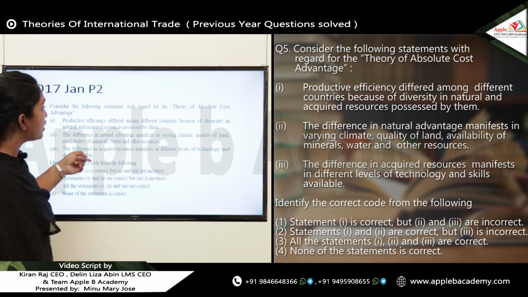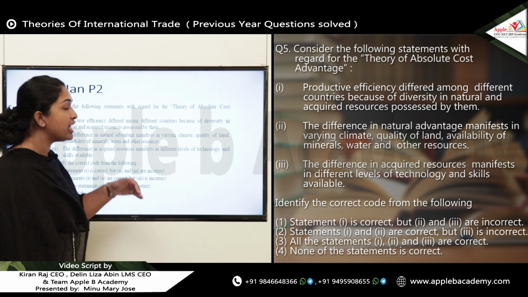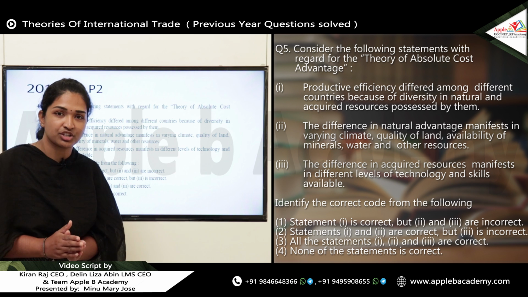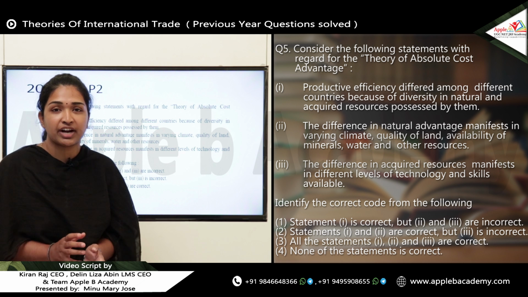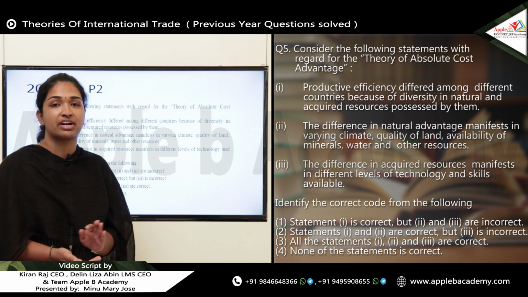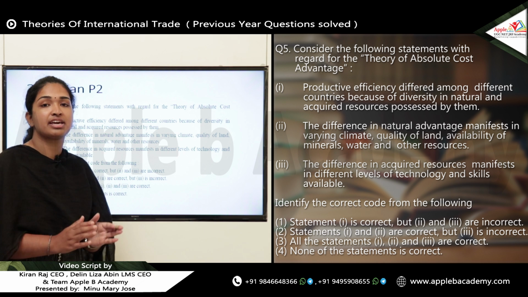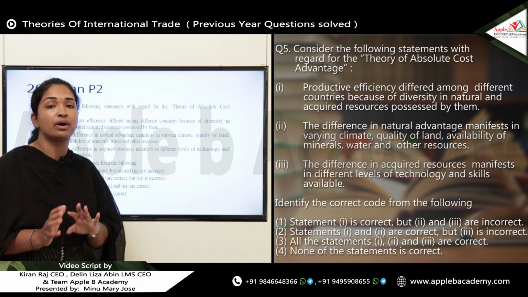According to the theory of absolute cost advantage put forward by Adam Smith, every country should specialize in the production and export or trade of those goods in which it has an absolute advantage. And how do they get this absolute advantage? Through the productive efficiency. Each country has its own particular diversity and its own particular natural and acquired resources.